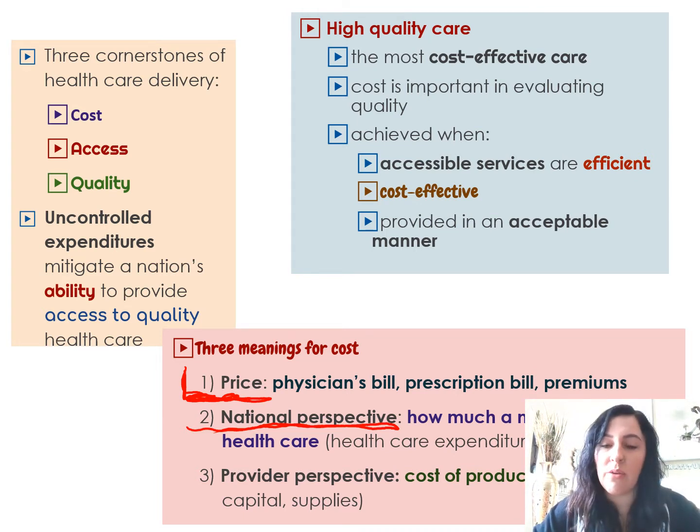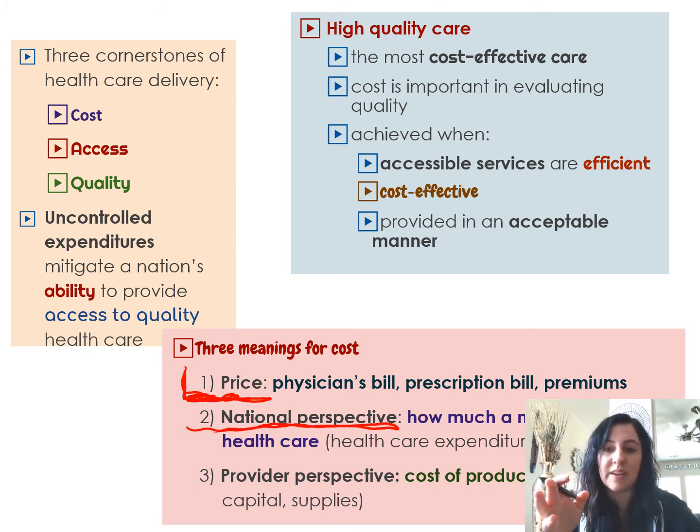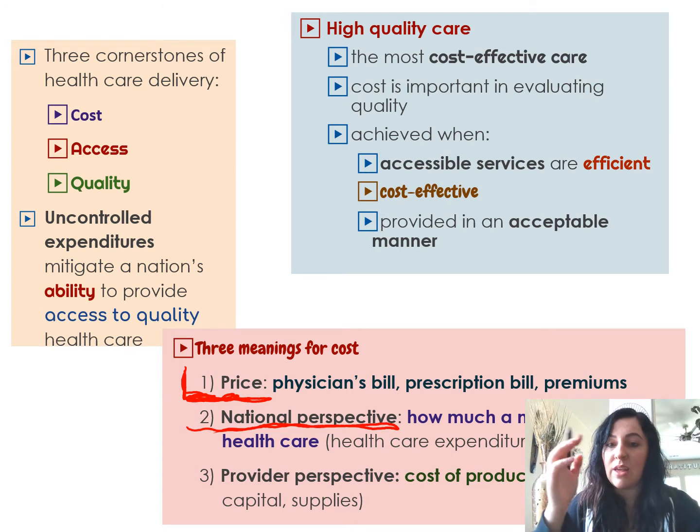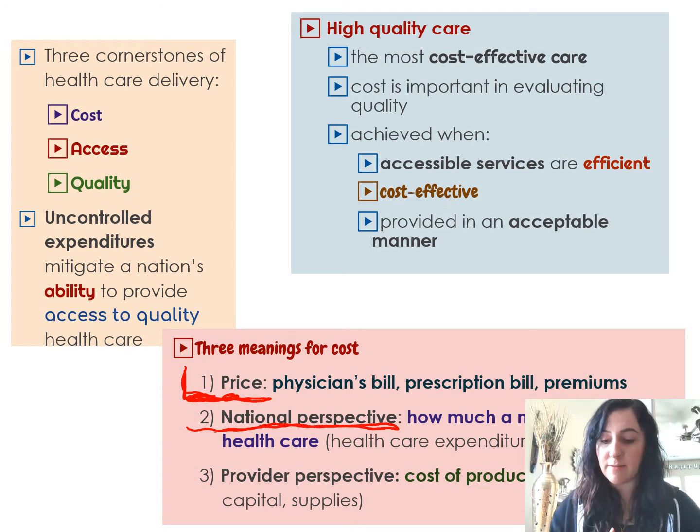Then you can look at it through the provider's perspective. This is like the physician's practice, or maybe the person that owns a hospital, and you're looking at it through the cost of production.